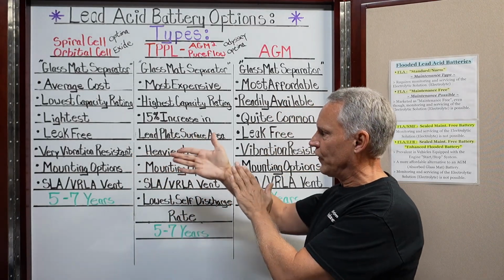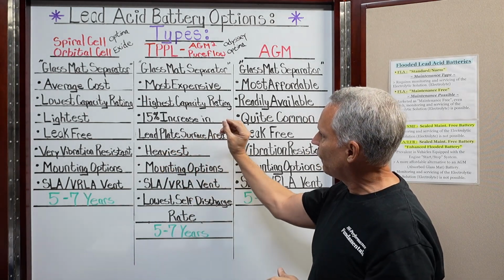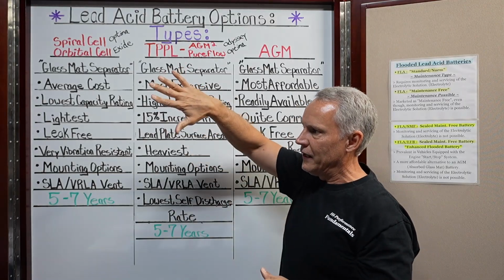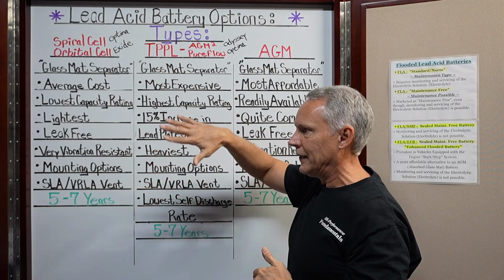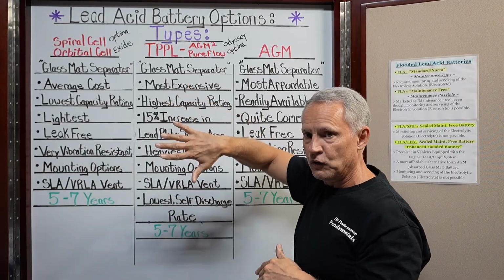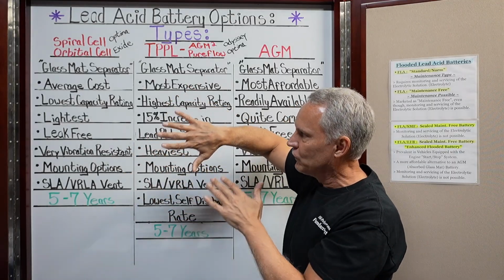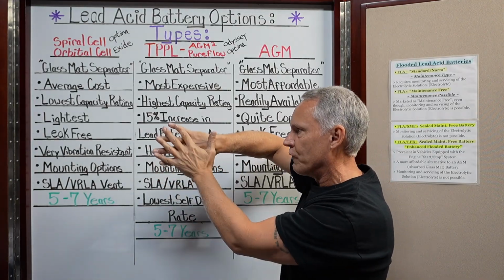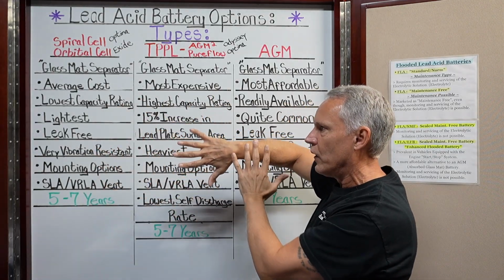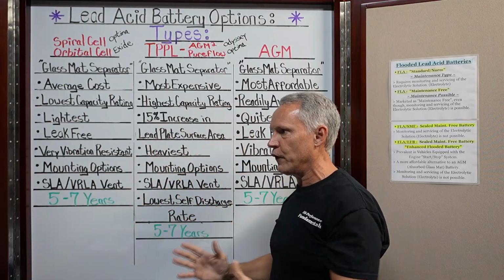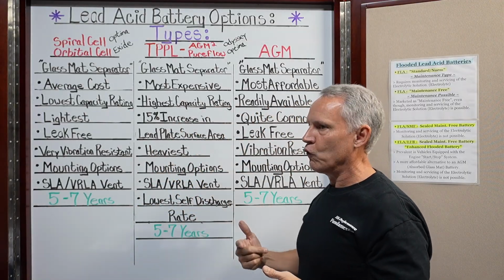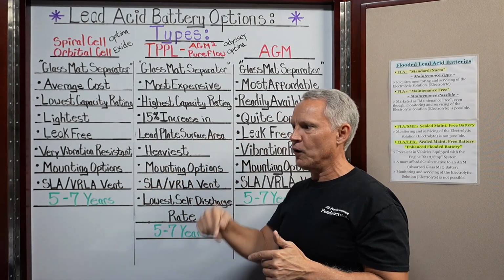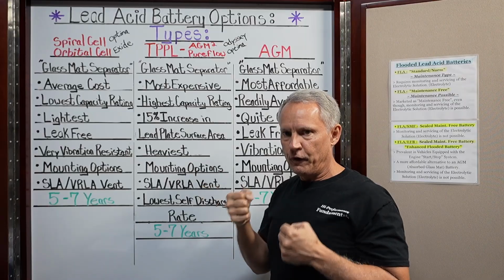So even though the plate is thinner, the total surface area of the lead material, whether it be lead dioxide or lead peroxide or sponge lead, and the sulfuric acid, that surface area where the electrolytic solution and the surface area of the plate interact, if that total surface area is greater, then you're going to have a greater electrochemical reaction, basically meaning that chemical reaction is going to produce more electrical energy, right?